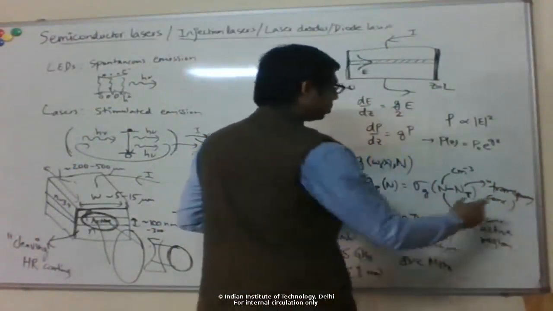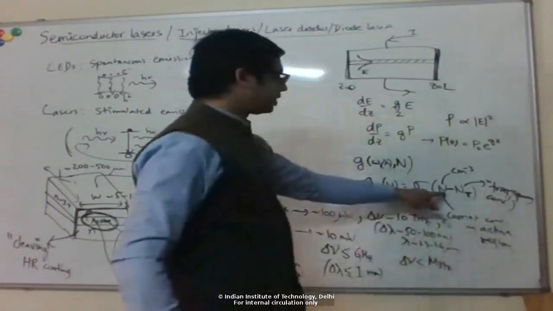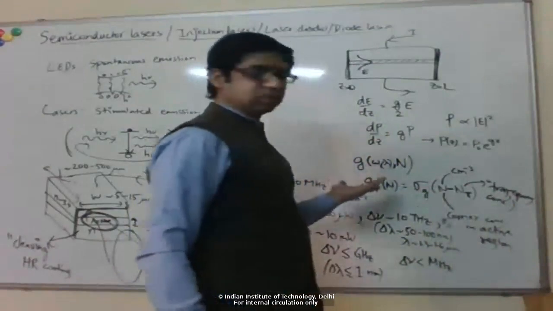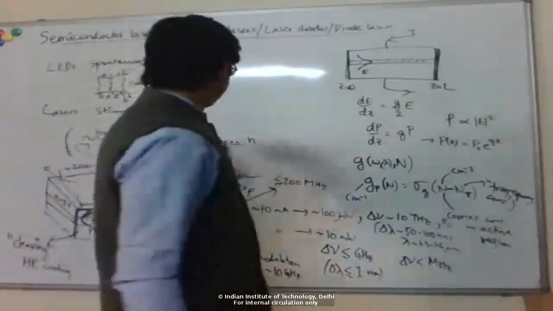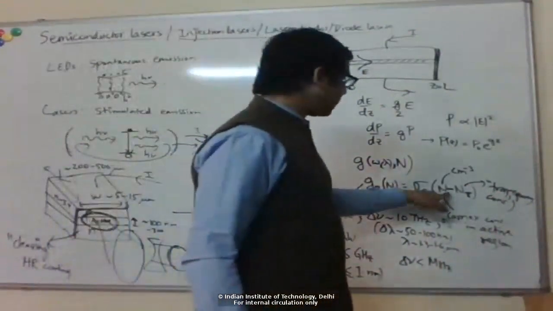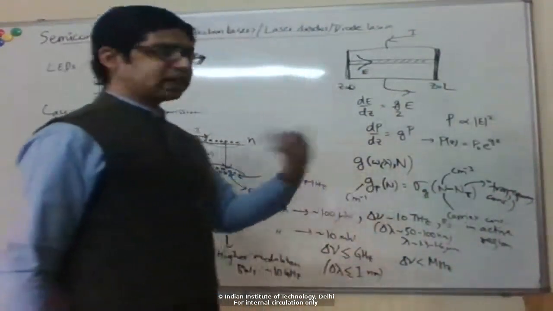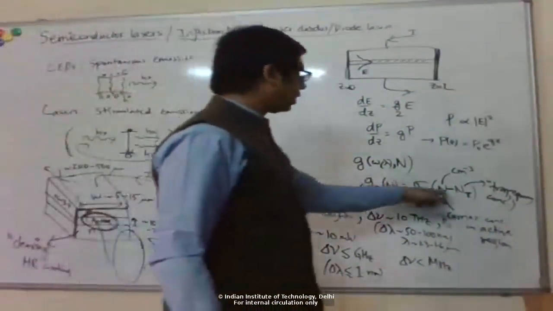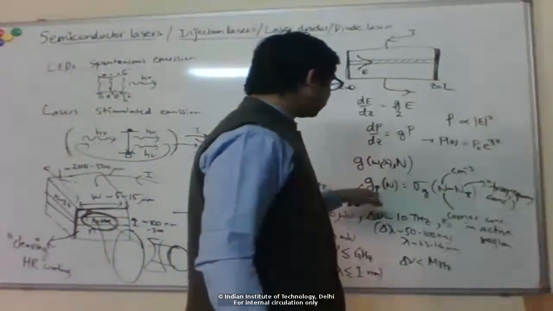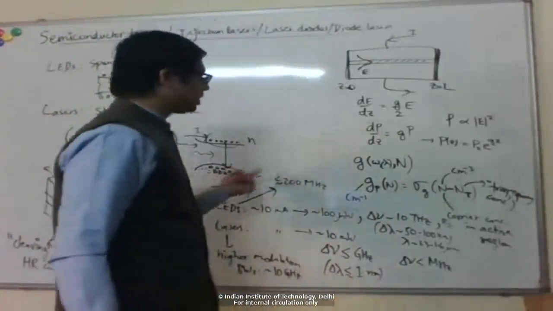If N is lower than NT, then G is negative, which means you don't have gain, you have loss. As you increase the current, at some point you reach N equal to NT, which is the threshold for population inversion. Once you go beyond NT, G becomes positive, and you have population inversion and gain.